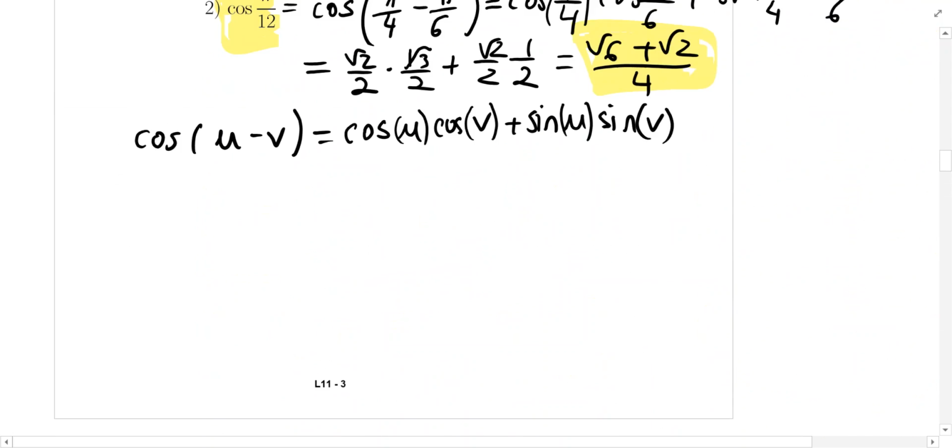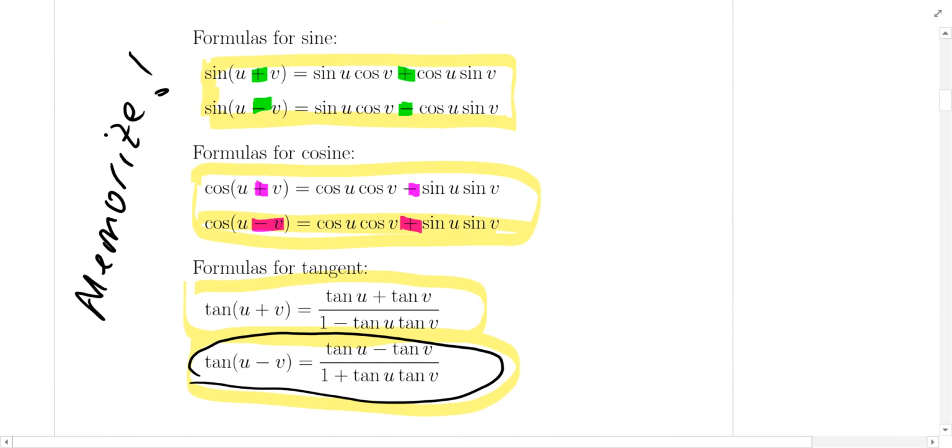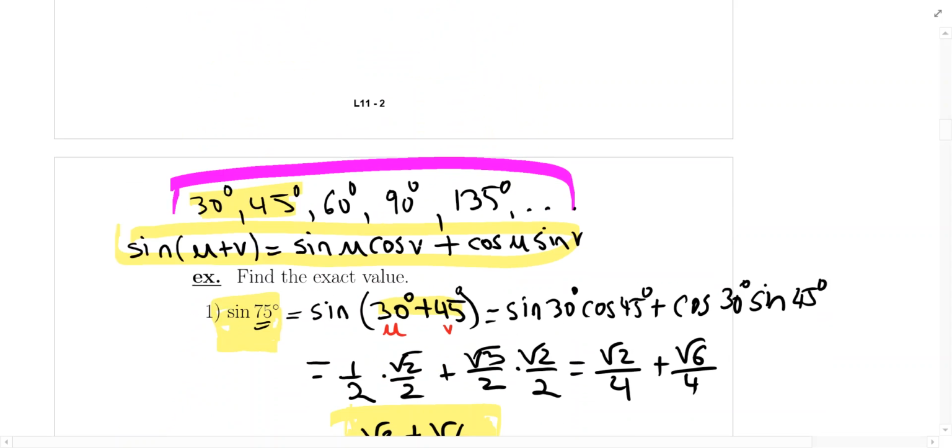So let's look back at our formulas. What formula has sine u cosine v plus cosine u sine v? It's this one, the first one, right? So according to this formula, the right hand side equals sine of u plus v. All right.